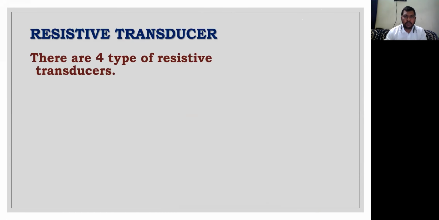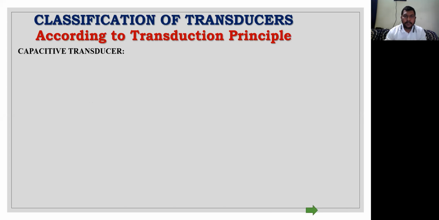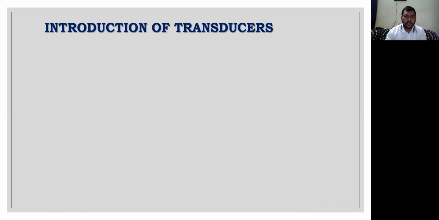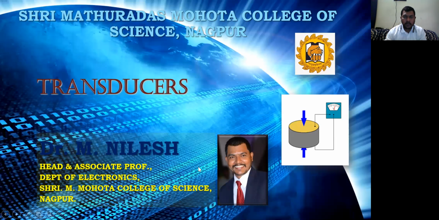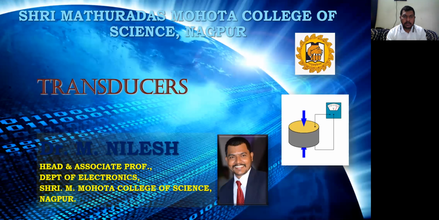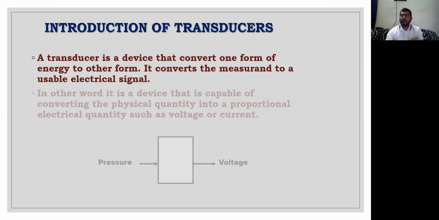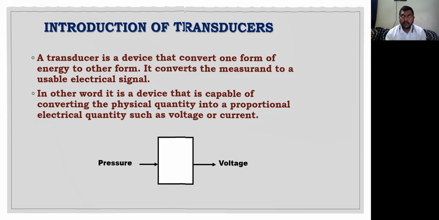I guess this much is enough for today. We will just repeat what we have studied. We have studied some basics of transducers, the concepts of transducers, active and passive transducers. A transducer is a device which converts a non-electrical quantity into an electrical quantity.